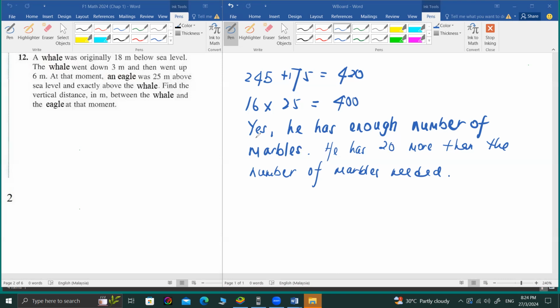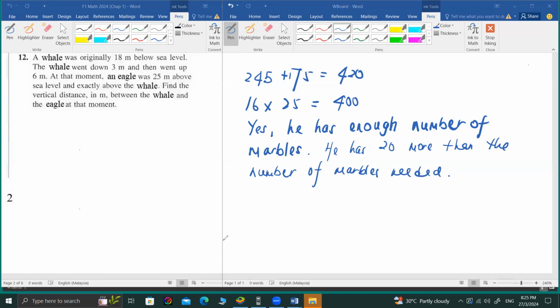Yes, Kate. Your explanation, if it's not exactly like mine, it's okay. Like one of the students asked whether it can be accepted or not. Yes. He said, yes, he does have enough number of marbles to put into 16 bottles and with 20 marbles remaining, right? Yes, can be accepted. As long as the meaning is there and you give the correct explanation, it will do. Got it? All of you can understand?